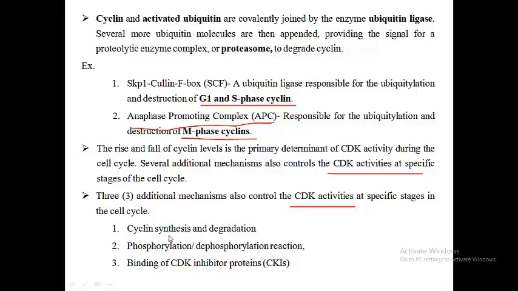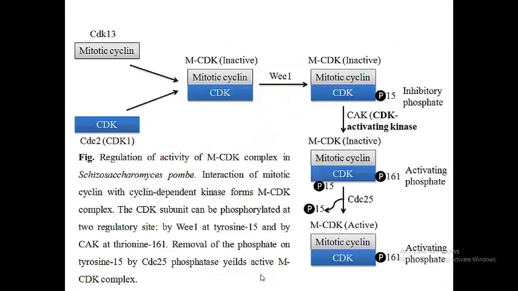One is cyclin synthesis and degradation, another is phosphorylation and dephosphorylation reactions, and the third is binding of CDK inhibitor proteins. If we see the example of fission yeast, that is Schizosaccharomyces pombe, for the regulation of activity of M-CDK complex, we can see that regulation.